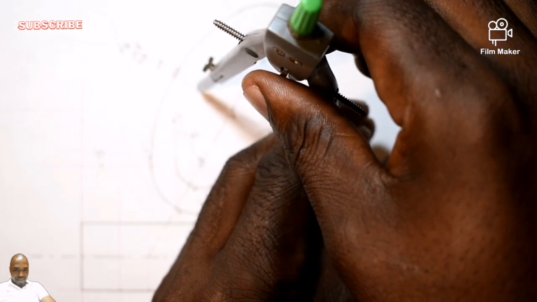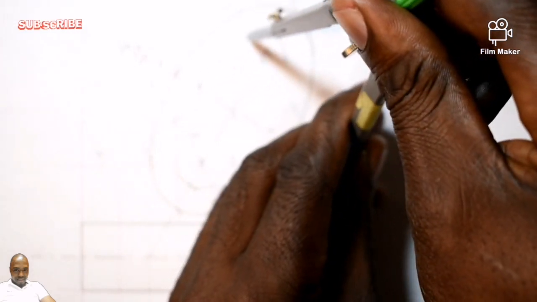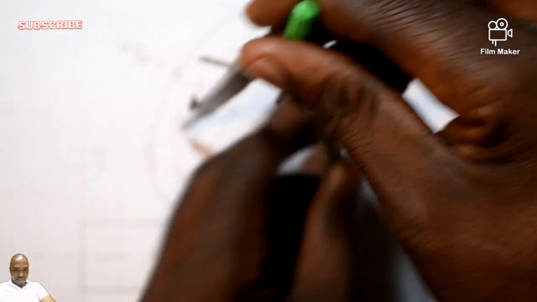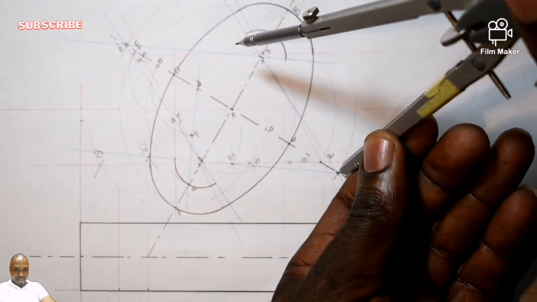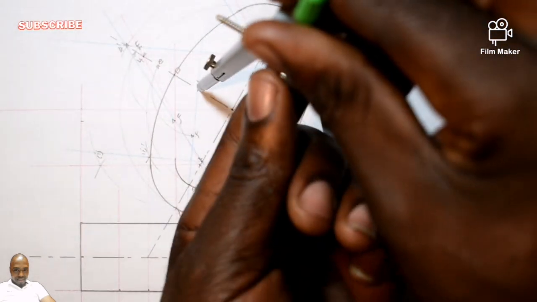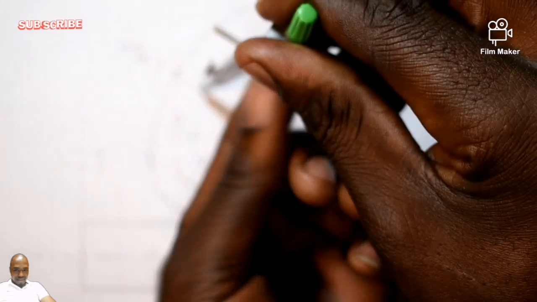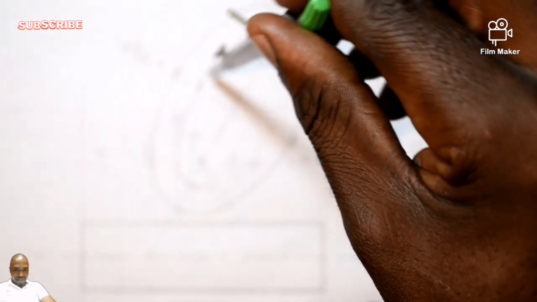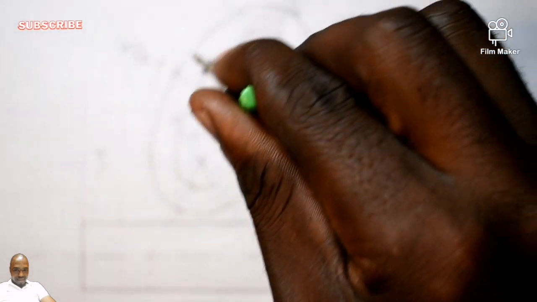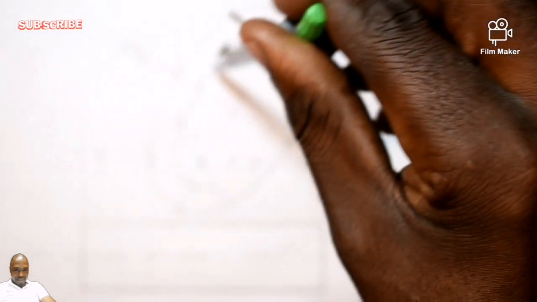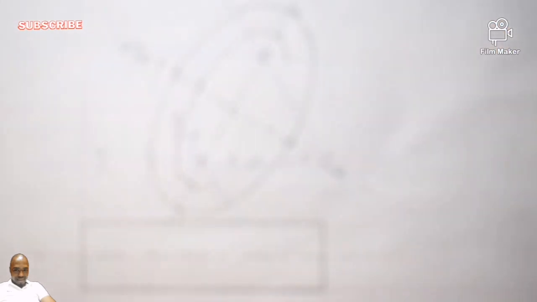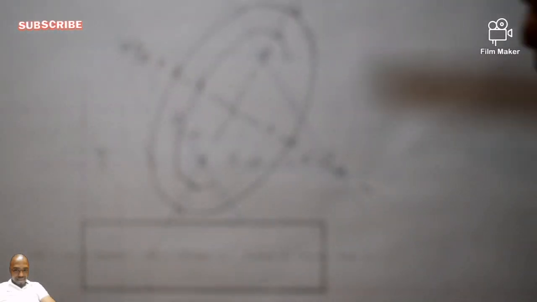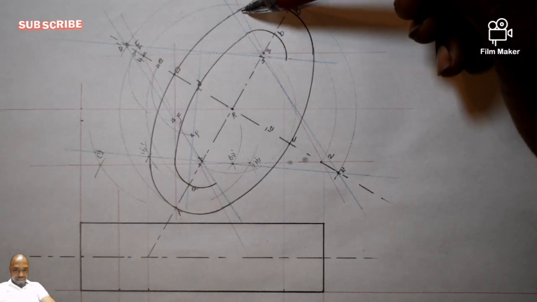Further extend to D, then there it goes. So which means I have to just open it a little bit, no closing. Point D, there you go. Solid. You understand? But here I almost miss it. Yeah, even the outer one.